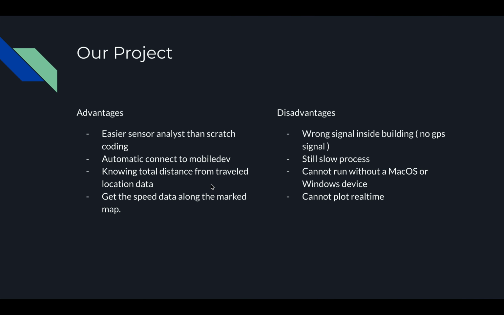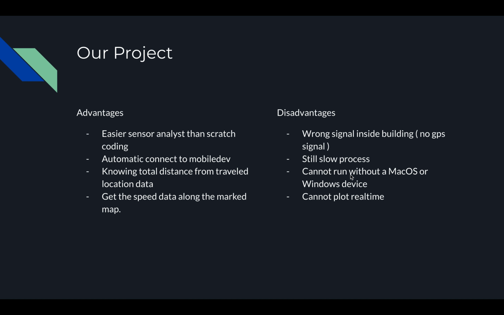So going back to our advantages and disadvantages, let's talk about the disadvantages first. As you can see, there are many wrong signals inside the building, as there is no GPS signal inside the building. And the program is still too slow to process, but it can be reduced by using more computing techniques in the MATLAB coding.